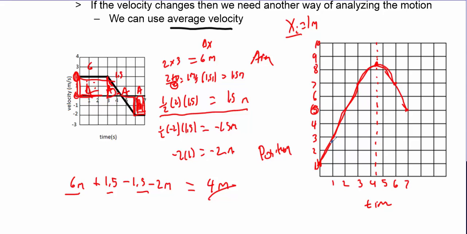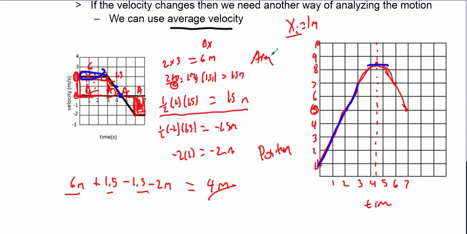In fact, the slope of this line right here is up 1 or up 2 over 1, so it's 2, which is this slope. And for the next second, the slope is still 2, and for the next second, the slope is still 2. So for this whole section of the graph right here, the slope is 2 because the value of the velocity is 2. But then this slope is getting less steep. Right here, that's a horizontal line because the value of the slope right there is 0.